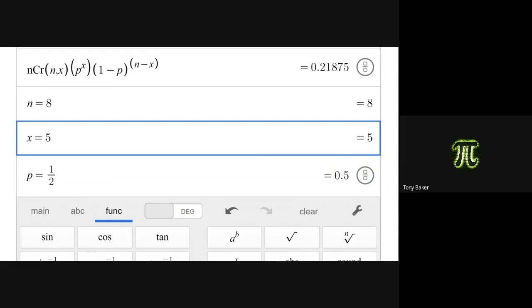So 5 was 0.219. 6 is 0.109. And 7 is 0.031.